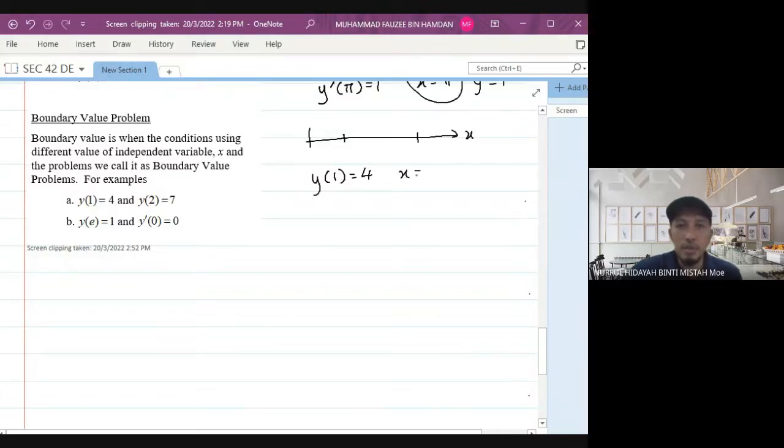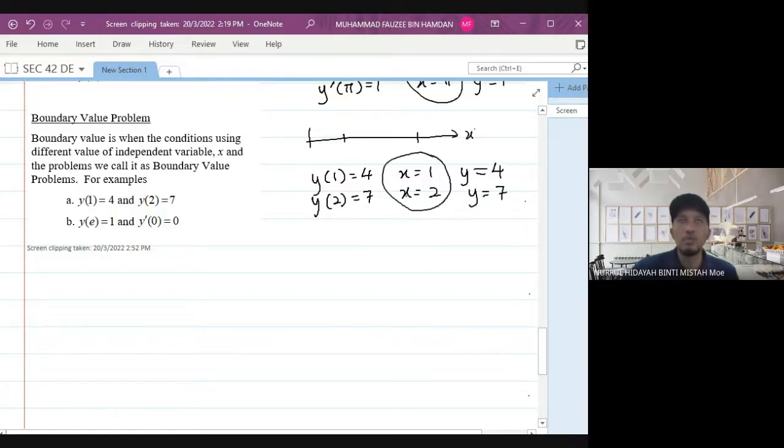This means x equal to 1, y equal to 4. Another condition is y(2) equal to 7, so x equal to 2, y equal to 7. So this is a different value of the independent variable. That's why we call this a boundary value problem.